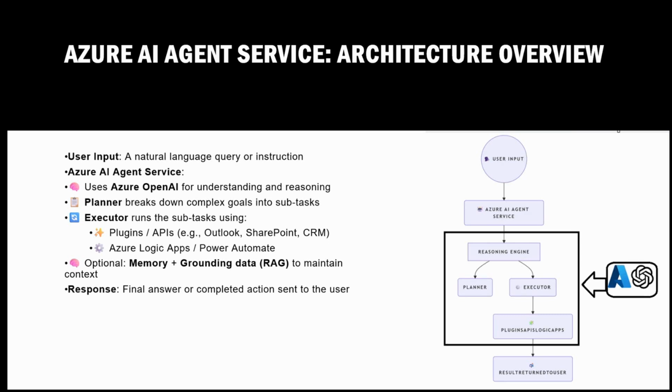So you can also use various kinds of memory and grounding concepts like RAG to maintain the context under the whole architecture that you have. So for now, I guess the architecture and the basic part of how the AI agent works is clear until this part.